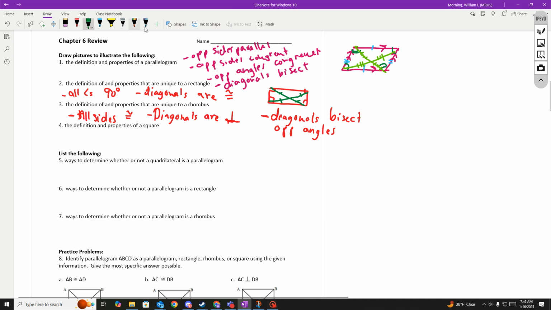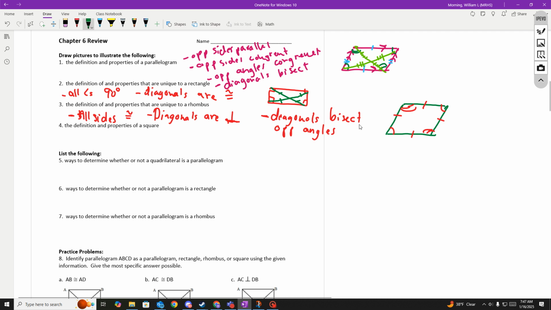So if you're looking at a rhombus like this, all of our sides are the same measure. Since it's a parallelogram, the opposite angles are congruent. So these angles are congruent, these angles are congruent.